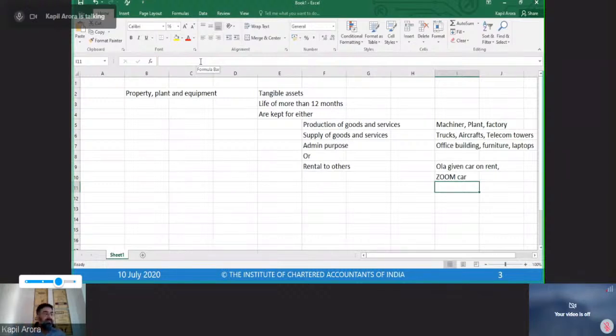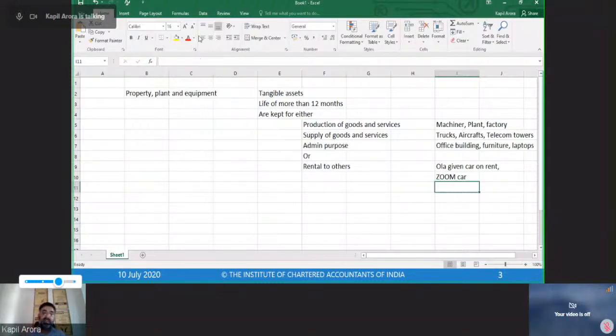All these are the assets which are used for rental to others. Bikes for Zomato, of course, are the assets which they are using for supplies. So all these are assets which have more than 1 year useful life, and are kept for either production, supply, admin purpose, or rental to others.